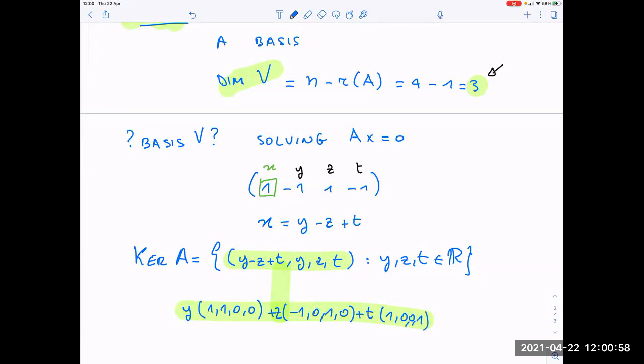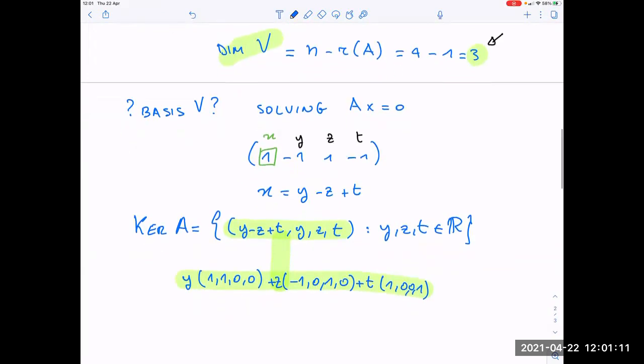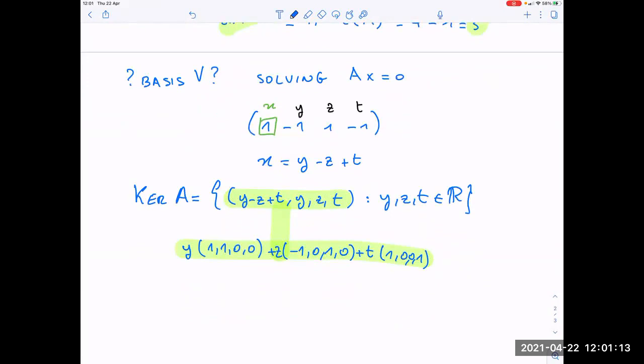Okay, so let's see if this is correct. Y, Z, T, yes. Okay. And in doing this, you get that the generators you want are these three vectors here.